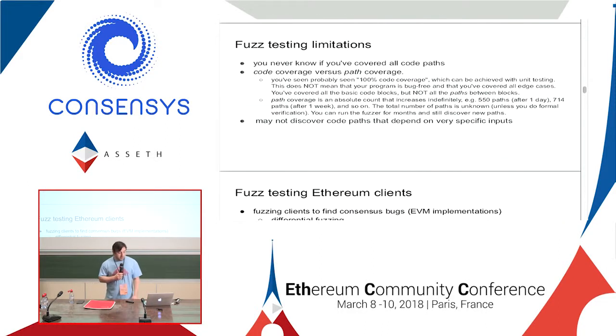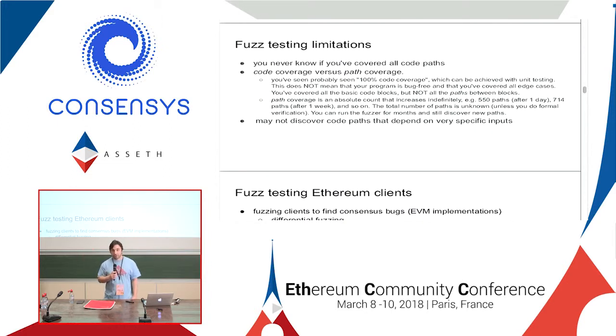Some caveats about fuzz testing. You're not going to find all the bugs, because you never know if you found all the code paths. So just to be clear, the difference between code coverage and code paths. Code coverage is the usual metric you'll see on GitHub, like Coveralls. Oh, you have 89% code coverage. Okay, we got 100% code coverage.